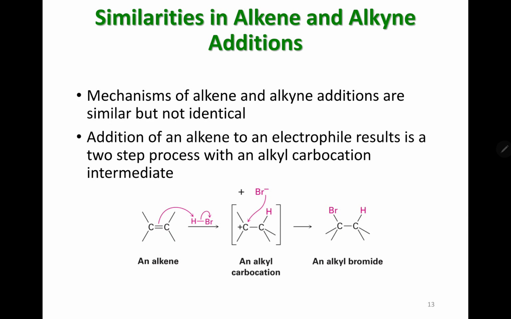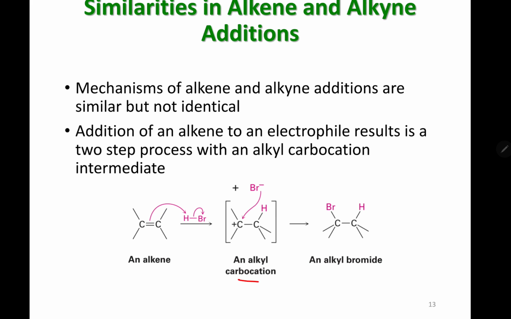And when you're talking about HX addition, it will happen through Markovnikov rule in both cases. But the difference is that for alkene addition it will go through an alkyl carbocation. So the intermediate is an alkyl carbocation, if you remember.